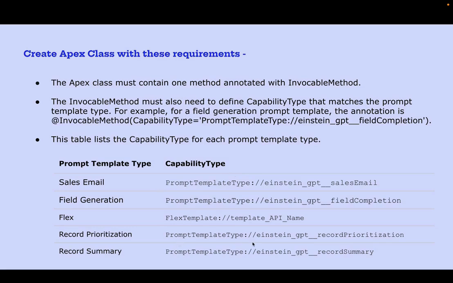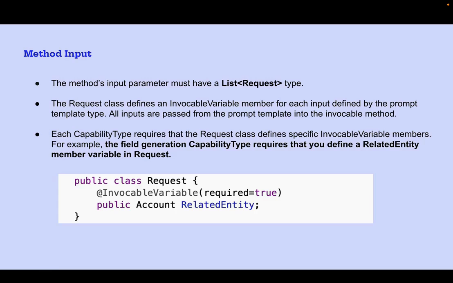Now let's see how the input parameter should look. The method's input parameter must have a type list of request, and the request class defines an invocable variable member for each input defined by the prompt template type, and all the inputs are passed from the prompt template into the invocable method. And for each capability type, we have to define a specific invocable variable member in the request class.